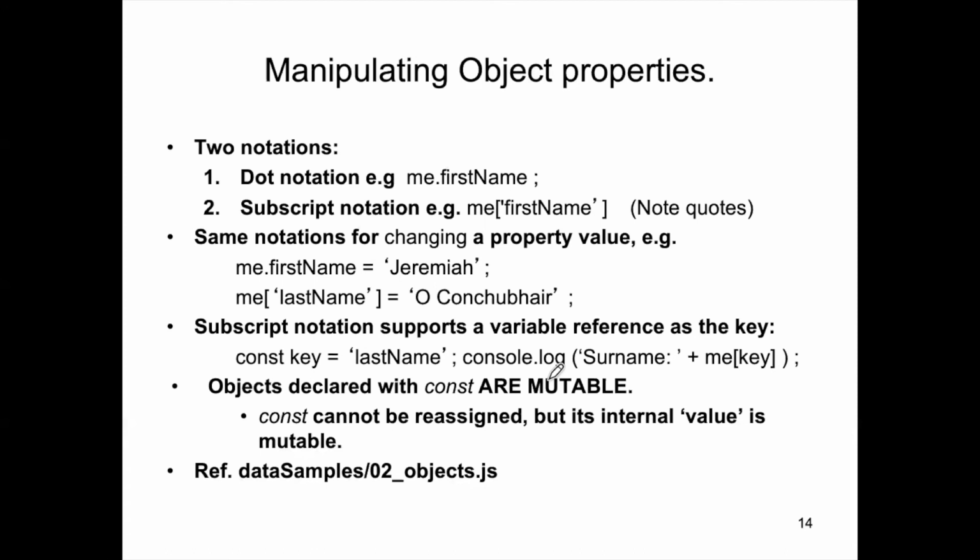However, if you are assigning an object to a const, you can actually make changes to the internals of the object. What you cannot do is assign a completely new object to that const variable. As I said, that is a bit of a gotcha initially. I think we'll see an example of it in a second. So const cannot be reassigned, but its internal value can be changed.